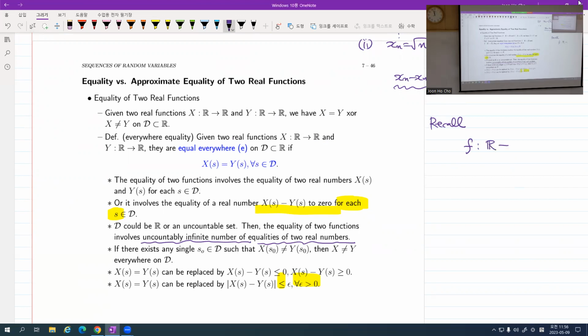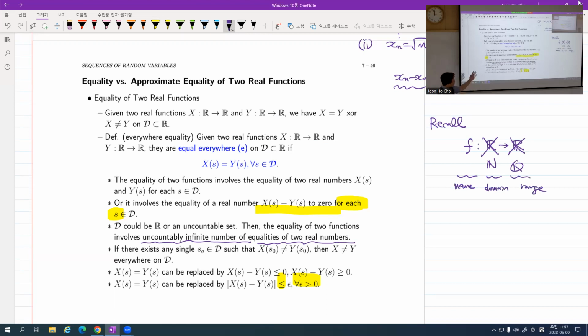This is called the domain of the function. And you put a right arrow and the name of another set. Of course, this could be replaced by, for example, the integers, or the set of rational numbers. But what is important is that this is the name of the function, this is the domain of the function, and this is the range of the function.